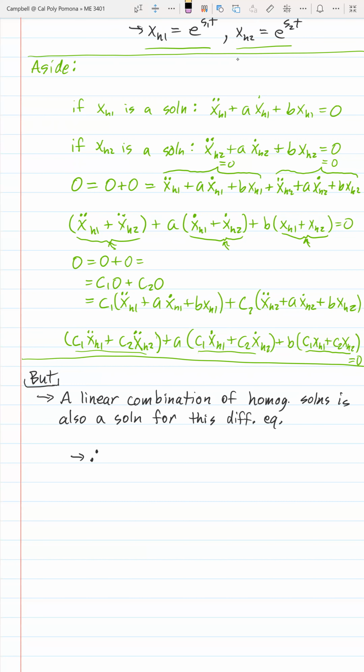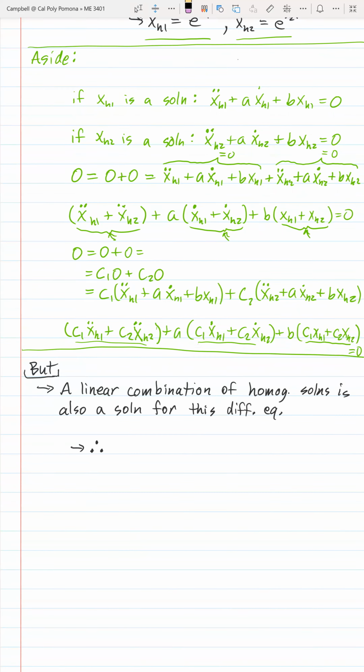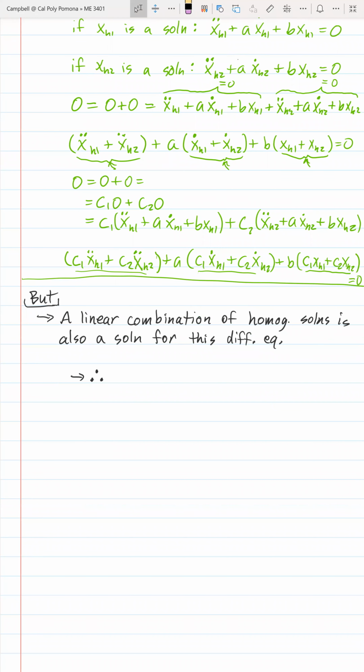So we can then say that the most general form of the solution, where x is the solution for this differential equation, is c1 times xh1 plus c2 times xh2, which of course for us, if we want to substitute it in, is c1 e to the s1t plus c2 e to the s2t.